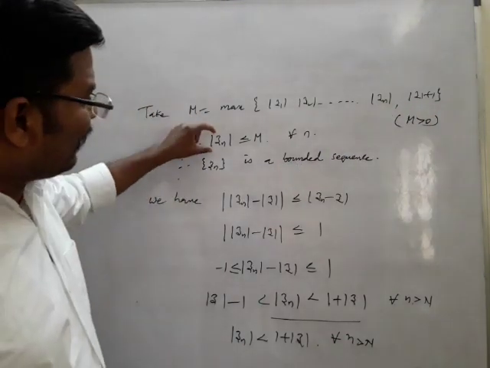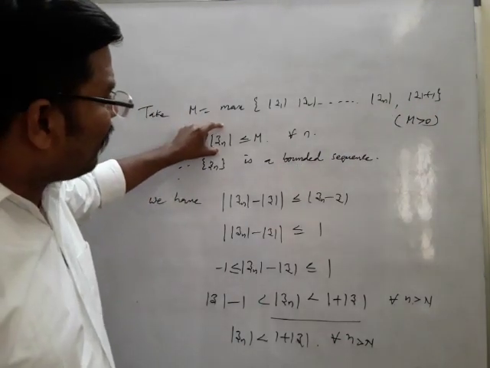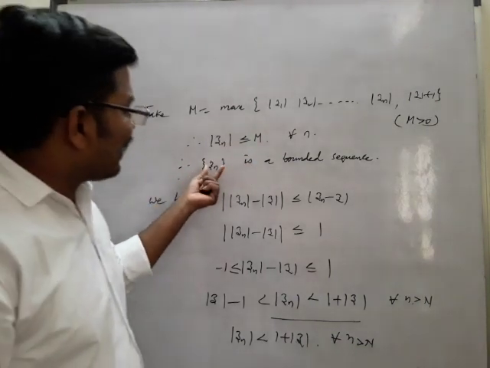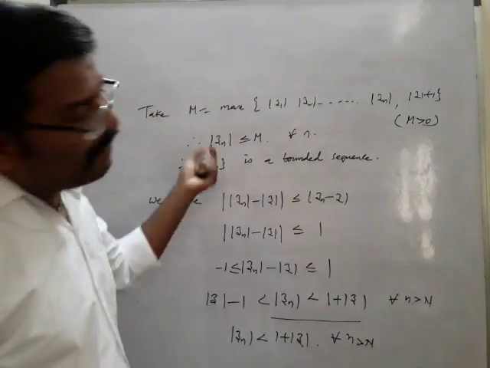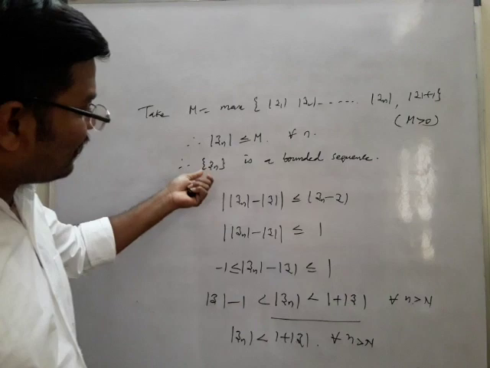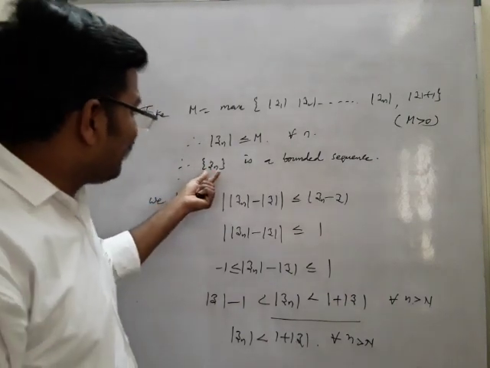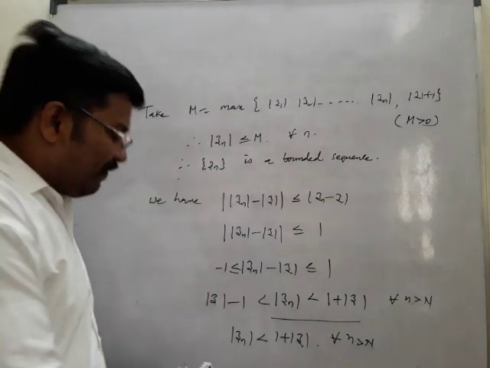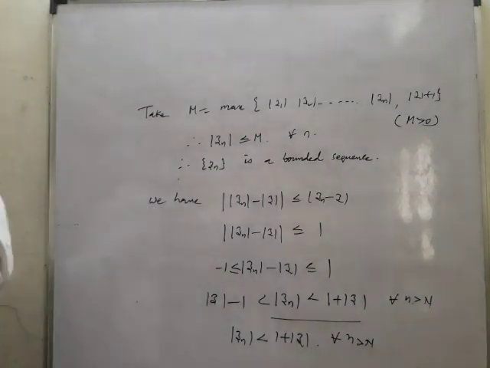So the sequence Zn is bounded by some value M. Therefore, if the sequence converges, the sequence Zn is also a bounded sequence. So this is how we can do this type of problem.